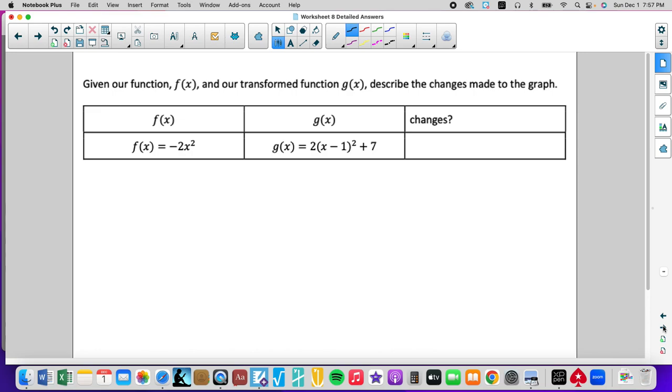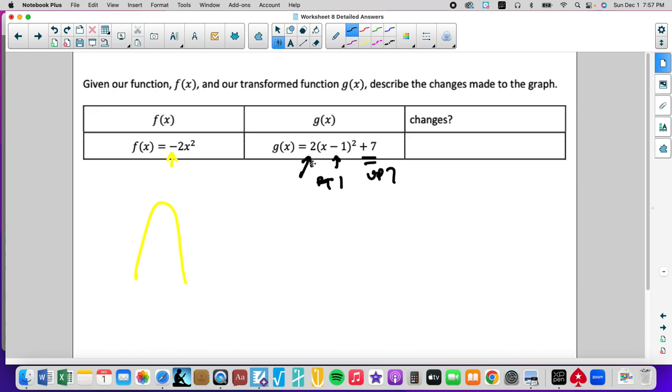Okay, so first thing, this is our original. Some of the things that we have to notice, this is going to be upside down, and we know that's going to be taller by 2, but it's going to be upside down, so it kind of looks like this. So this is going to tell me it's going to go up 7, and then inside means it's going to go right 1. So what does it do?